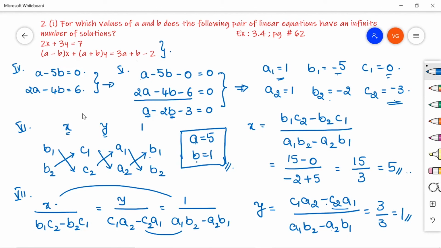See here, a minus b, that is 4x plus a plus b, 6y is equal to 3a minus 2, means 3 into 5, 15 plus 1, 16 minus 2, right, 14, right? So this is the equation, 4x plus 3y is equal to 14, such that this pair of linear equations will have infinitely many solutions.